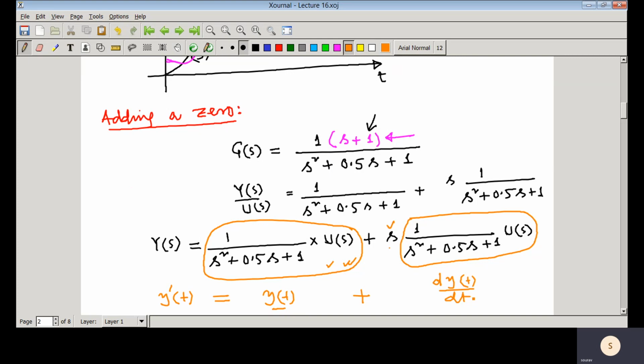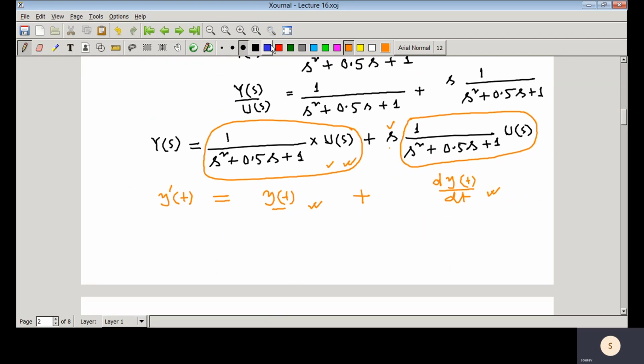It is now interesting to see that once we introduce a 0 to the transfer function, in this case a second order transfer function, the response y dash t is the original response y(t) plus dy(t) by dt.